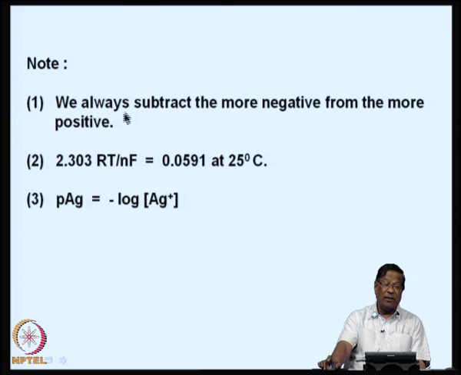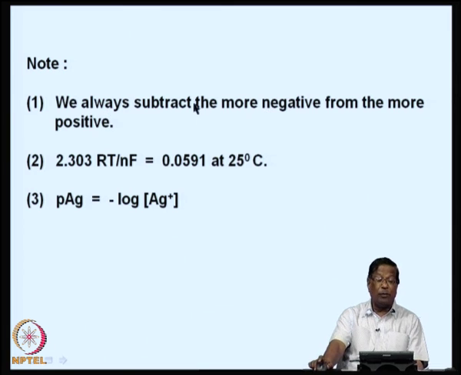That means, for the natural reaction, the output should be positive. Then 2.303 RT by NF is 0.0591, and pAg is nothing but negative log of Ag plus. This is a form of notation: instead of writing negative log of Ag plus, we simply write pAg.